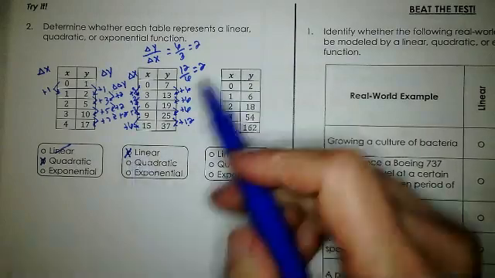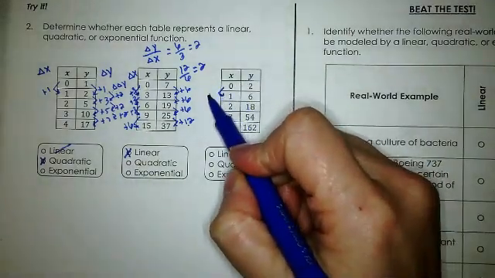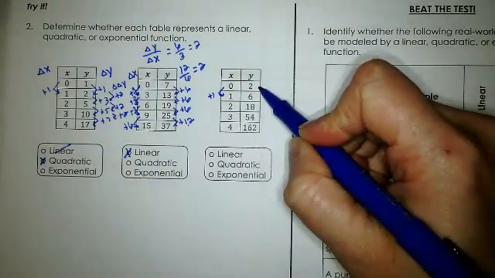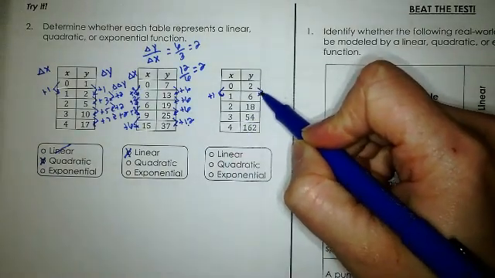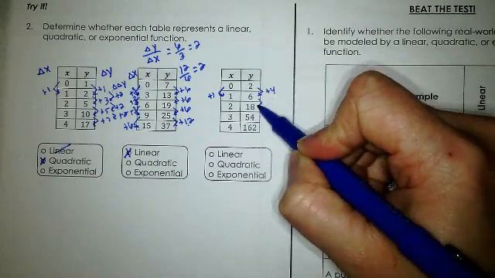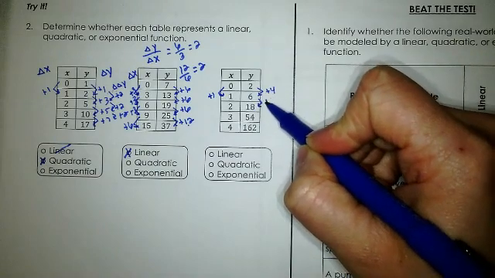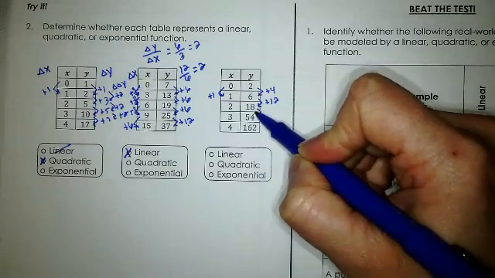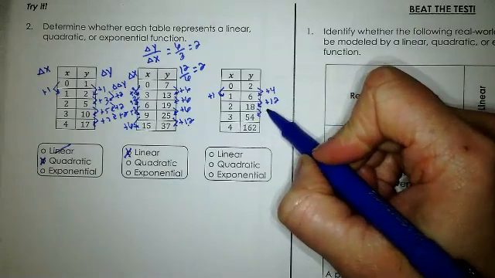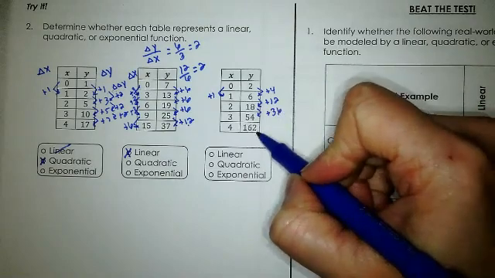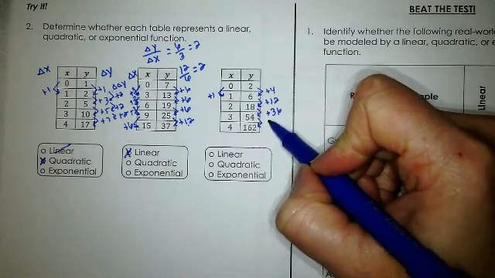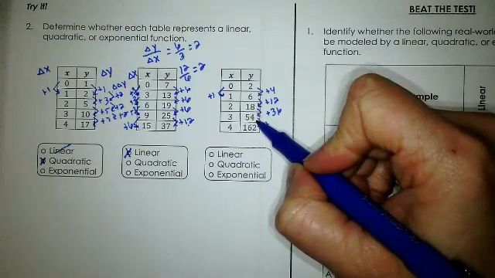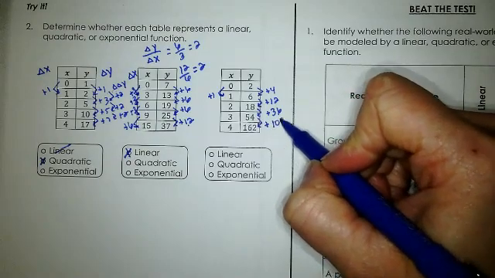But let's take a look at it. It looks like all of our x's are going up by 1, and our y's, 2 to 6 is 4, 6 to 18 is 12, 18 to 54, so 54 minus 18 is 36, and 54 to 162, so 162 minus 54 is 108.